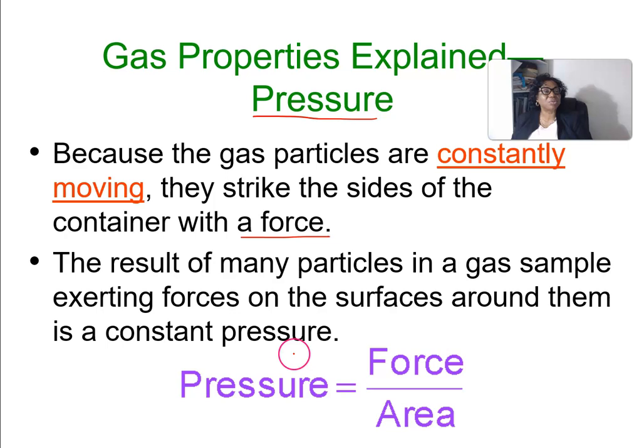So pressure is force over area. That is how you can explain pressure based on the property of the gas. They are always moving. They strike the surface. And force over area is pressure.